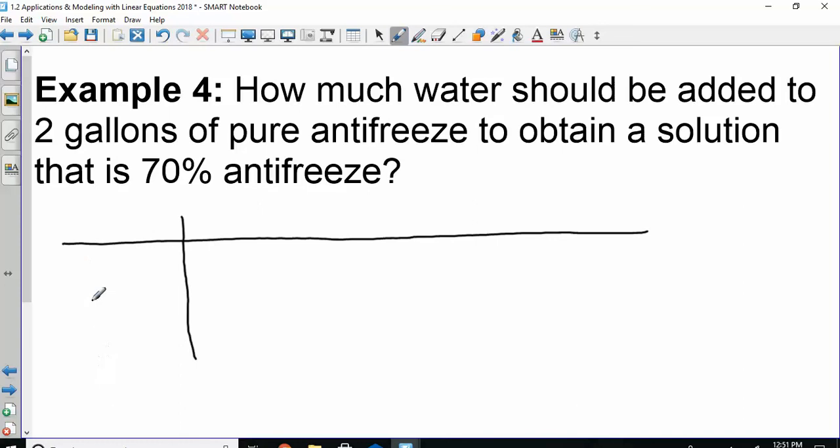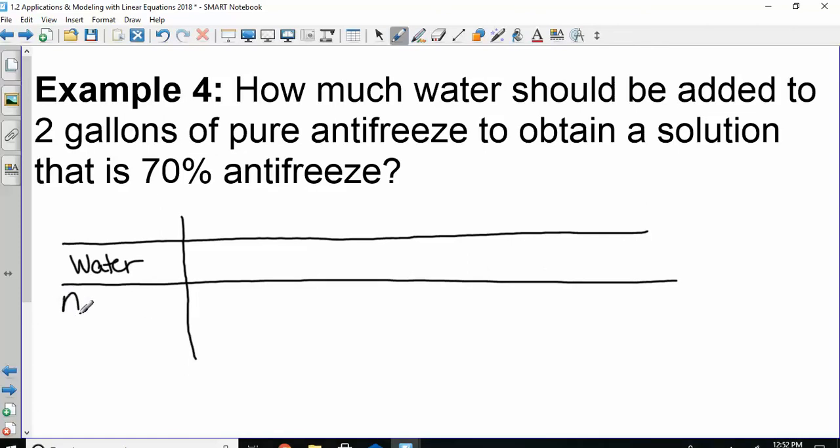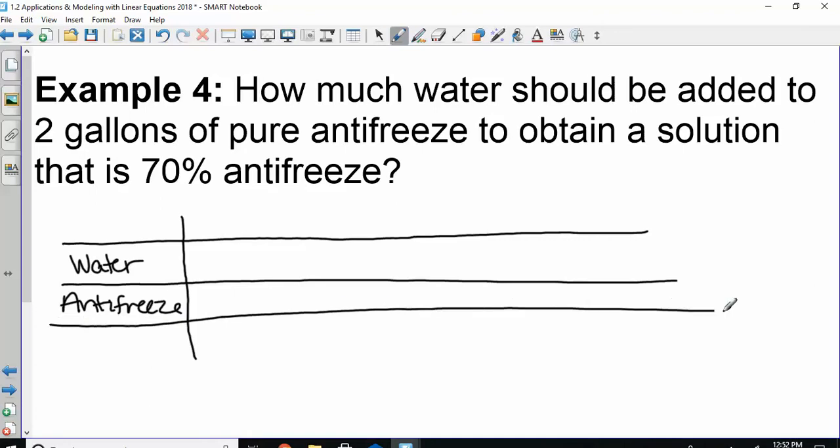So on my table, my rows are going to be the things I'm mixing. So we are mixing water, we're mixing antifreeze, and I'm just going to call this the final mix here. So we're putting those 2 things together to get our final mix.